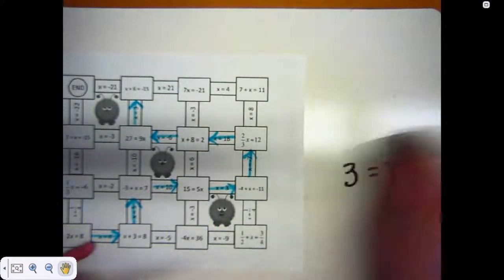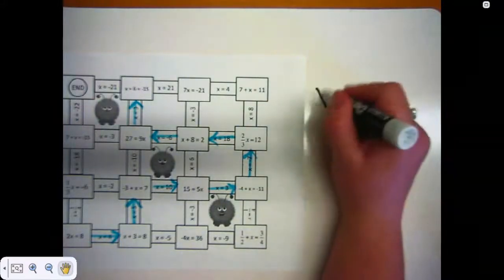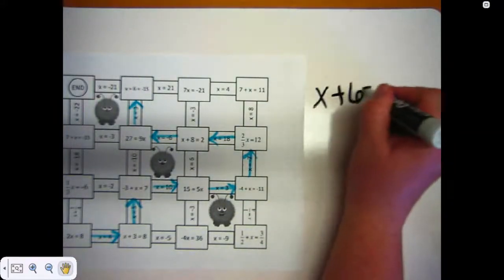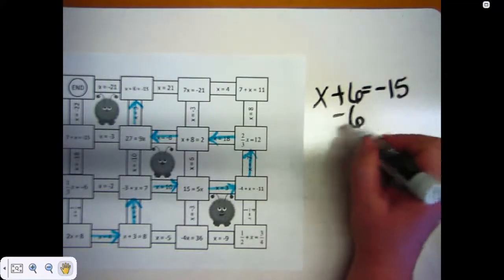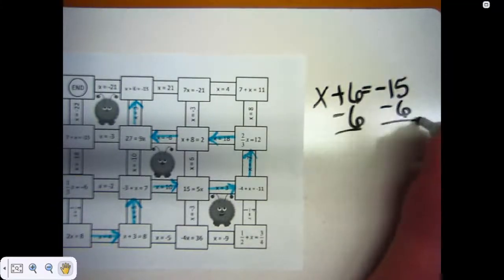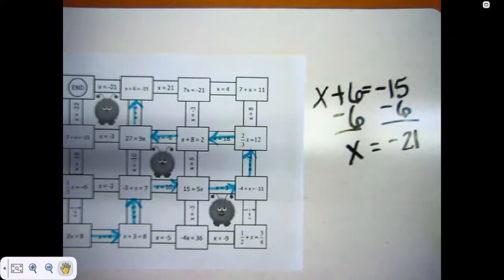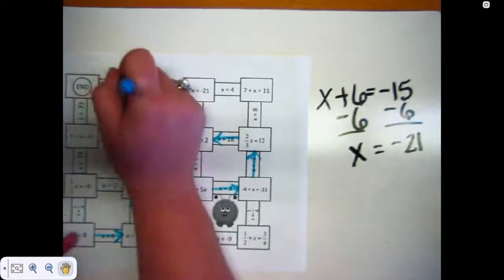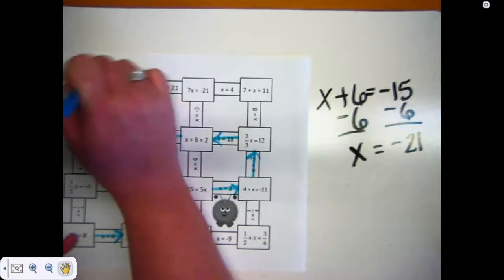Now I have x plus 6 equals negative 15. I need to subtract the 6 from both sides, which will give me negative 21. X equals negative 21. So you can see I have finished my maze because now I have ended up at the end.